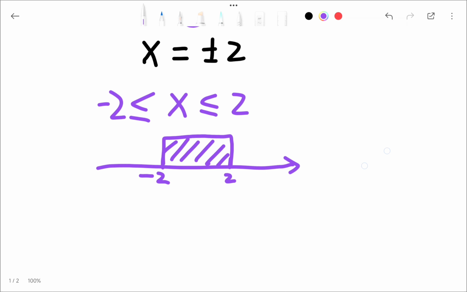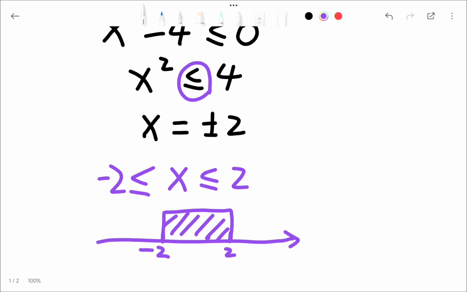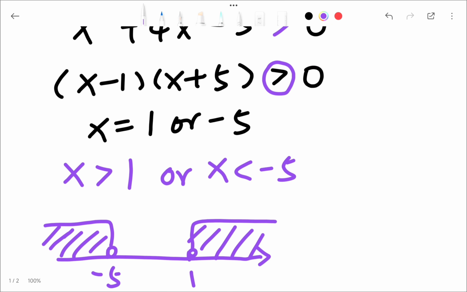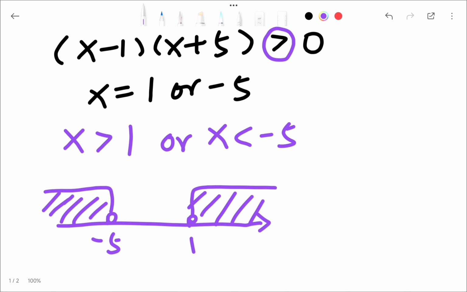All right. So to summarize, if the inequality sign at the last step of your working is a greater than or equal to sign, you need to write your answer as the variable is greater than or equal to the bigger root, or the variable is less than or equal to the smaller root.